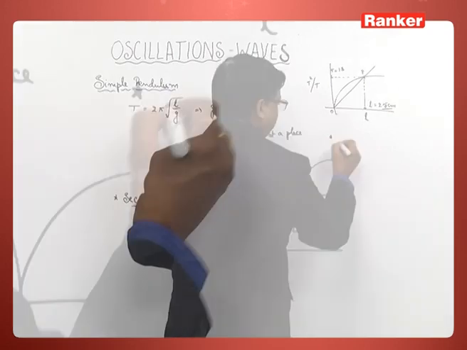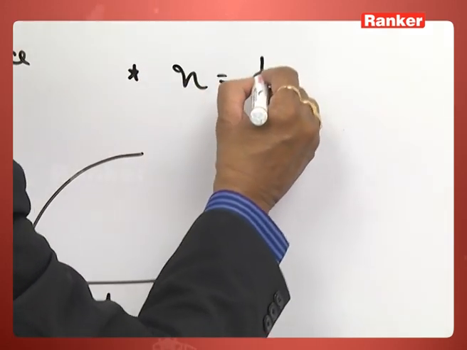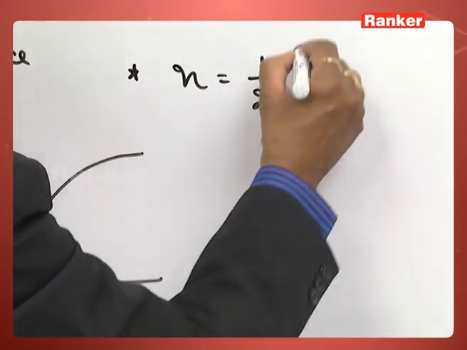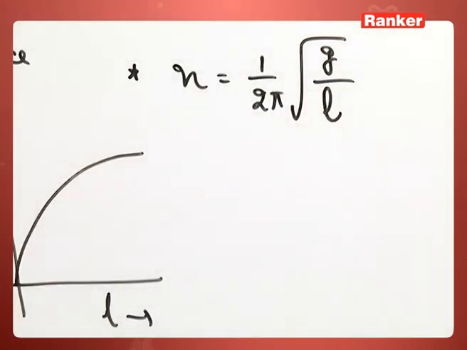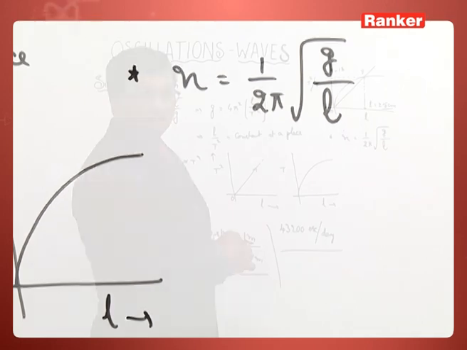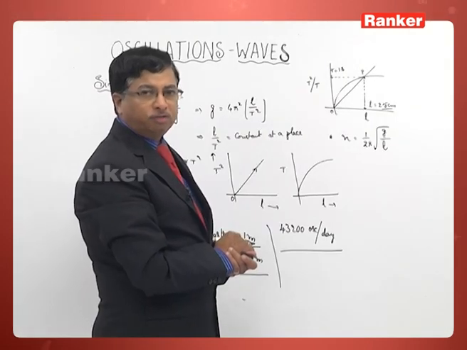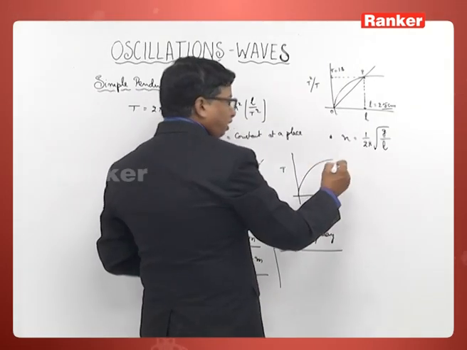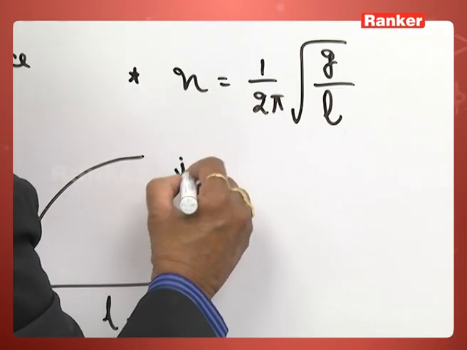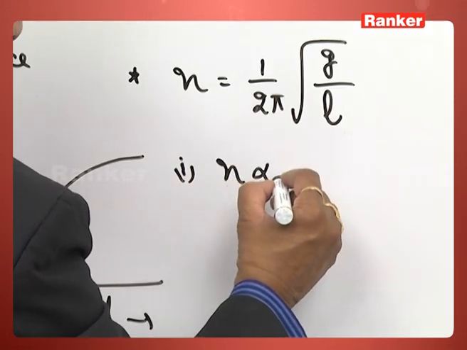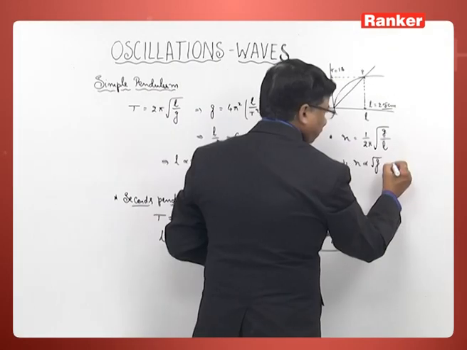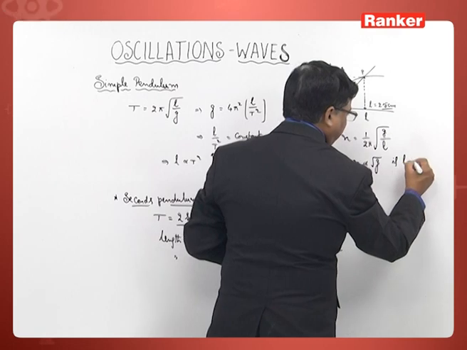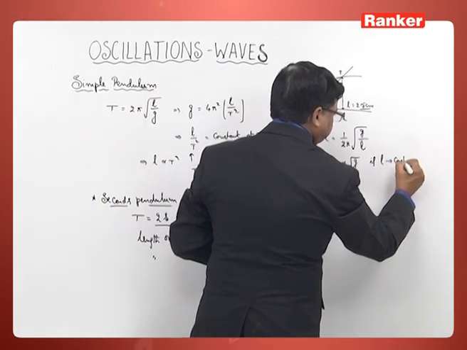When we consider n is equal to 1 by 2 pi under root g by L, that is the basic equation we have taken for the frequency of an oscillating simple pendulum. Then you can understand the first condition: n is directly proportional to root g, if L is kept constant.